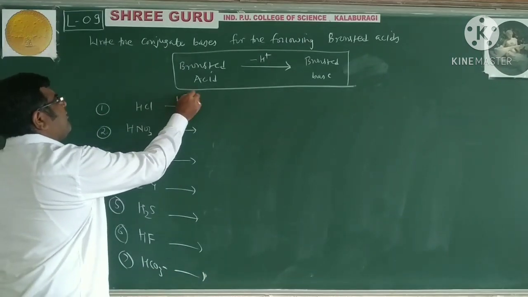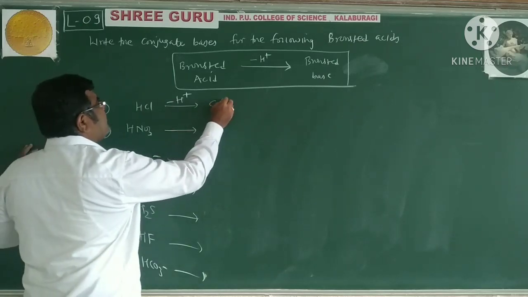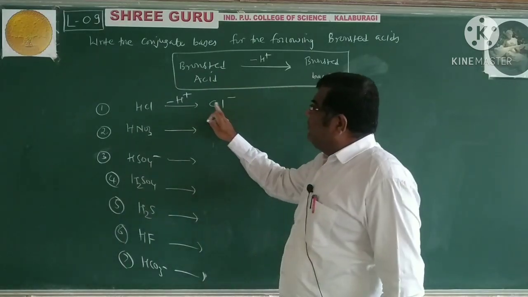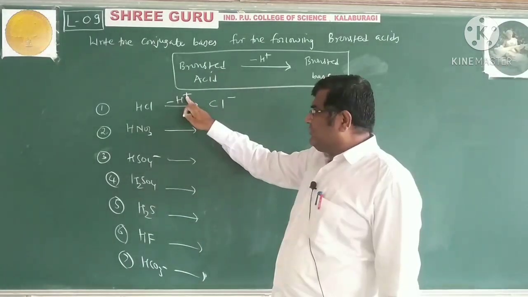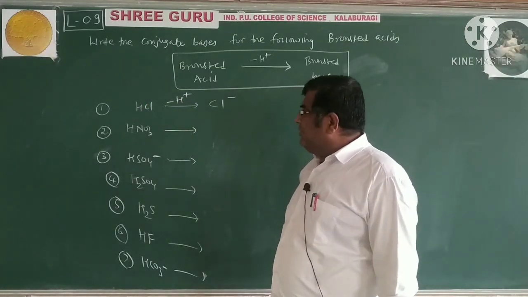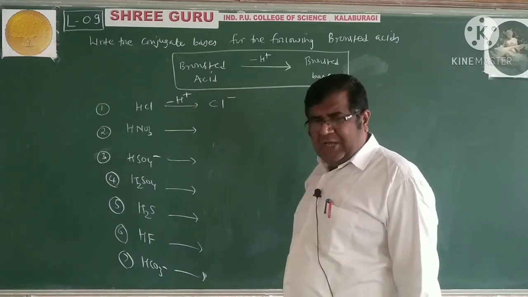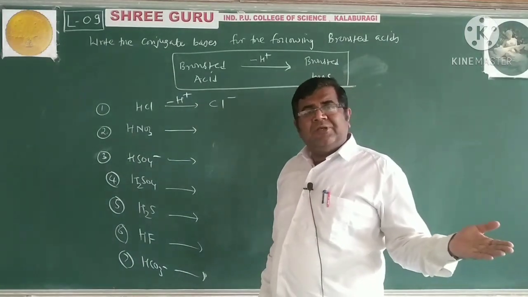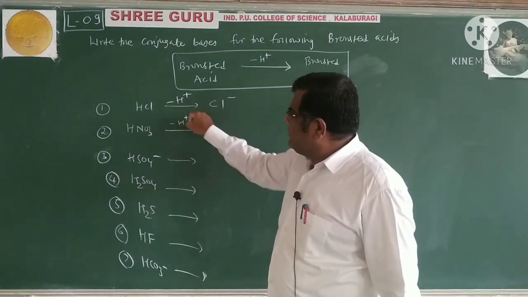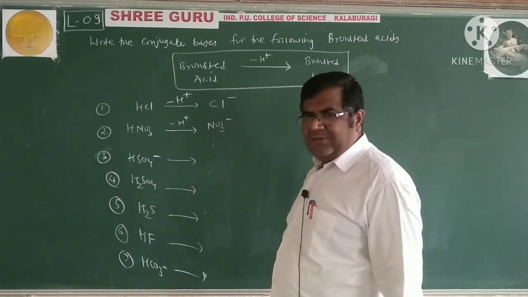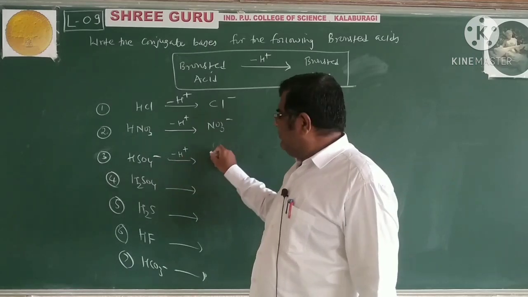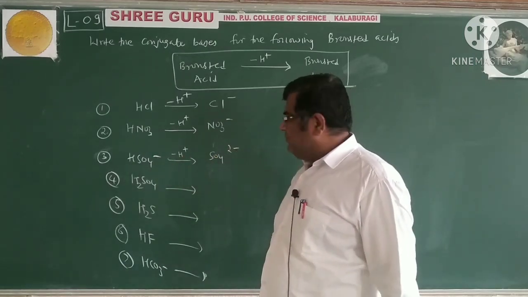Take out one H plus ion from HCl and it becomes Cl negative ion. Why am I writing negative? Because one positive charge is removed from it. It contains one H plus ion and one Cl negative ion. That's why when the proton is taken out, the substance has one negative charge on it. Take one H plus from HNO3, it becomes NO3 negative. Take one H plus from HSO4 negative, already it is one negative, so two negative.